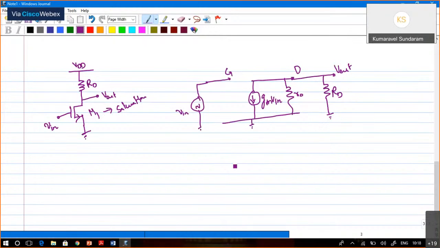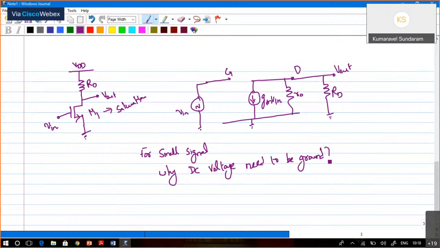Why does it have to be grounded for small signal? Why does the DC voltage need to be ground, and why does a DC current source need to be open?